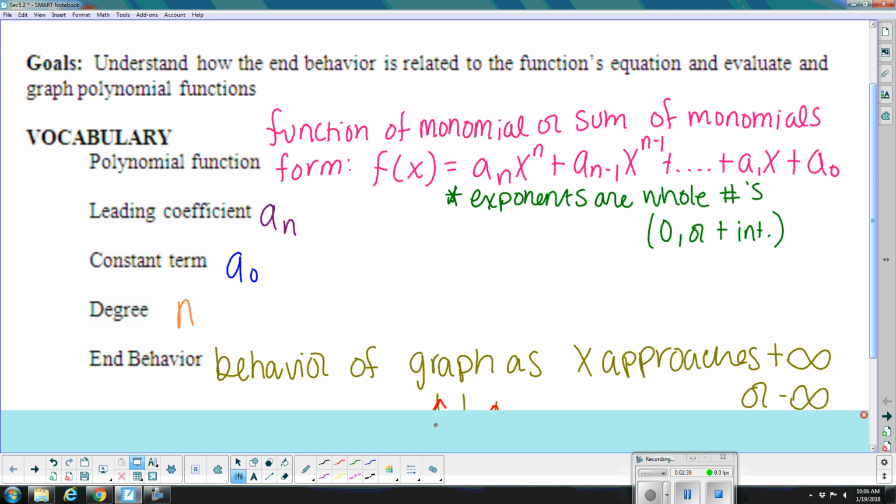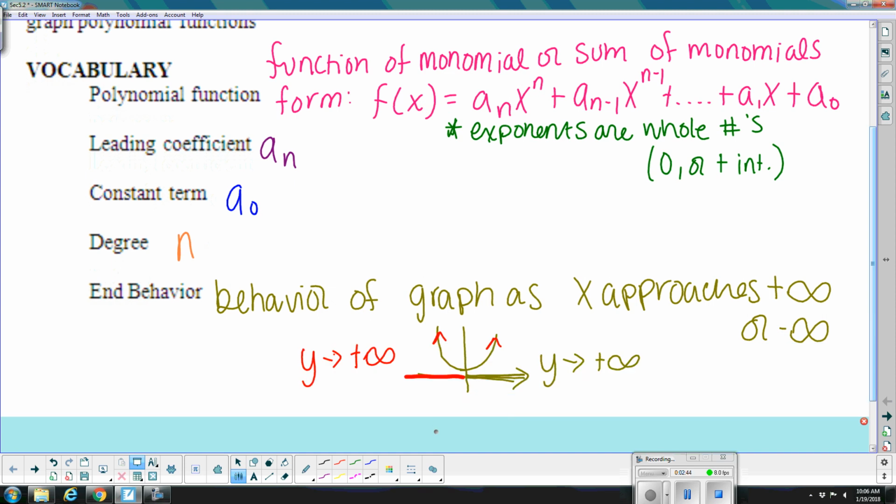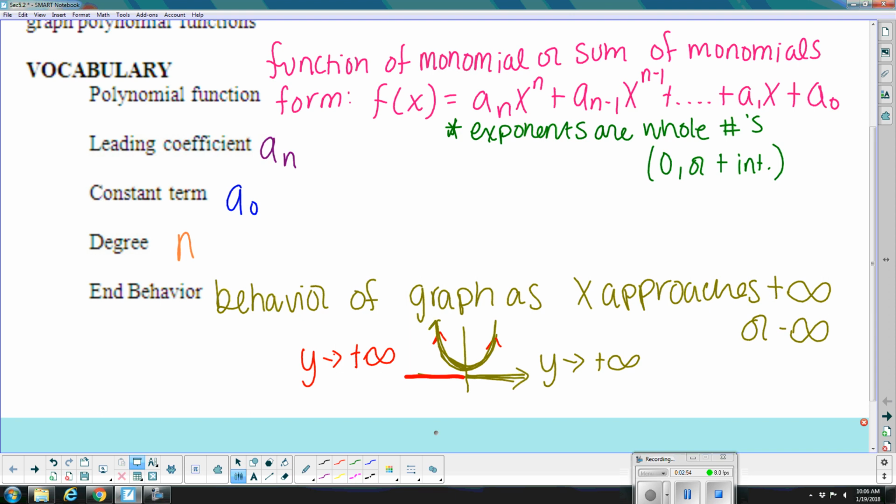If you look at this parabola that I have just sketched here, the one in this mustard color, look at the x values.